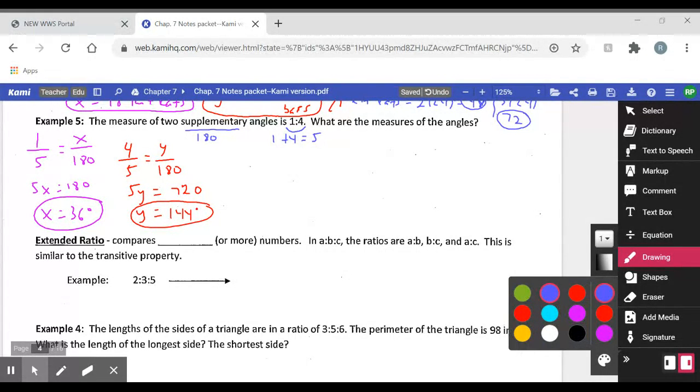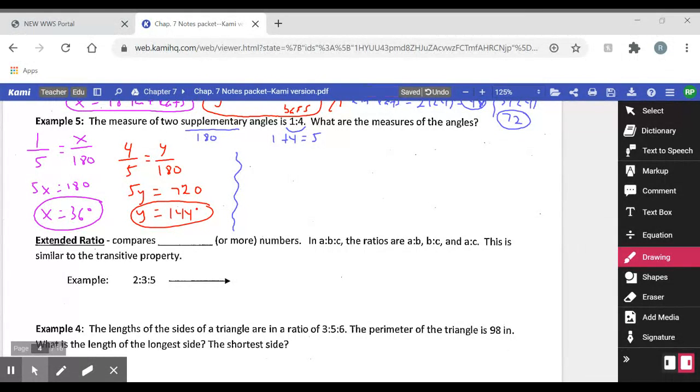Again, another option is to set up an equation like we did before. If I think about putting x's right here after the 1 and the 4, I could say that 1x plus 4x is equal to 180, which gives me 5x is equal to 180, which solves to x is 36.